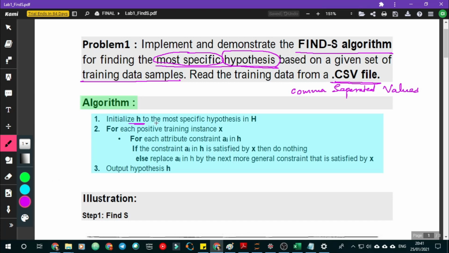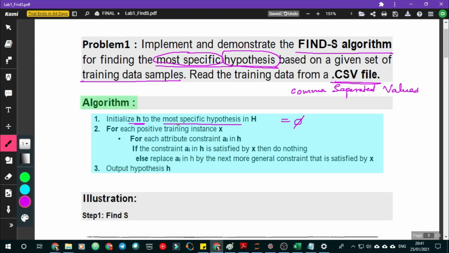We are initializing the hypothesis to the most specific hypothesis. So before reading any data sample in the data set, we need to initialize the hypothesis to the most specific hypothesis. What is the most specific hypothesis? It is the null hypothesis. So depending on the number of attributes in the data set, we need to make that many null values in the hypothesis. We'll understand how many values in the later part.